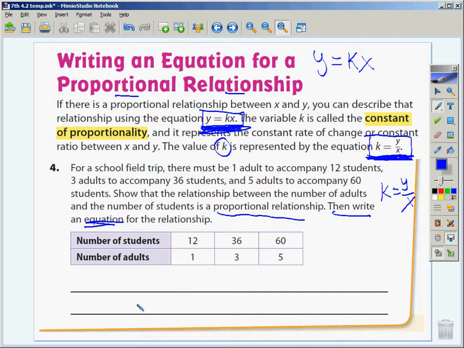Two things. To show that it's a proportional relationship, I'm going to take 1 and divide it by 12. What is 1 divided by 12 in terms of decimal? 0.083 repeating. And I'm going to take 3 and divide it by 36.